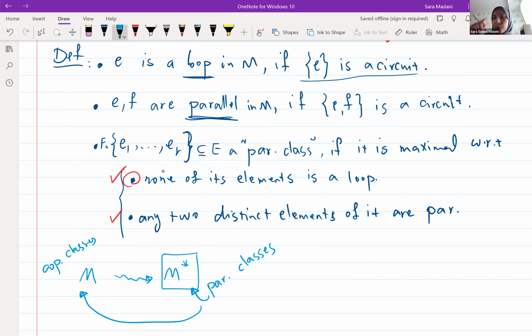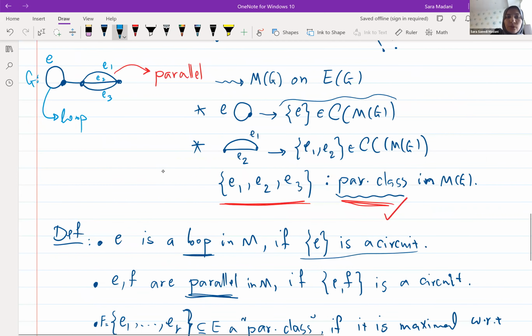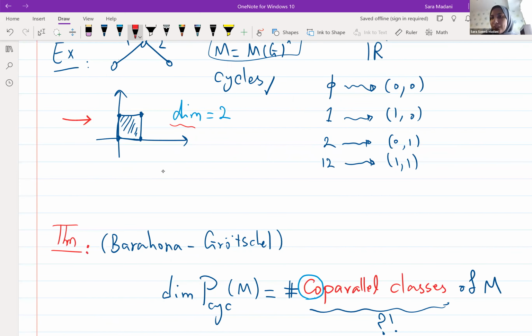So if I want to compute something with my formula, I should not look at the matroid itself. I should look at its dual, look at its parallel classes, compute the number of parallel classes of the dual matroid, and then this is the dimension of my polytope. If we just go back to our example here, this polytope, it is clear that it has dimension 2, but let's try it with our formula.